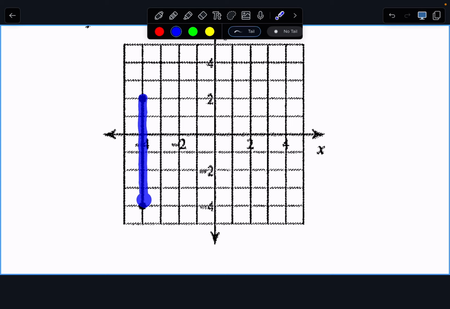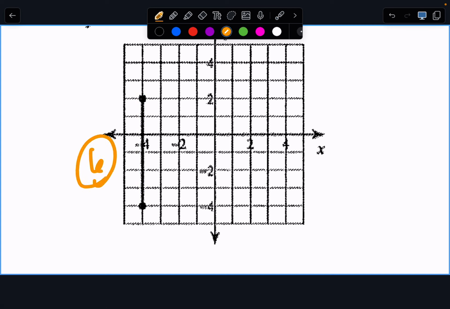This is a vertical line, 6 units long. That's your answer. Just 6. Yeah. If it's straight up and down, vertical, or straight side to side, horizontal, you don't need to make a triangle.